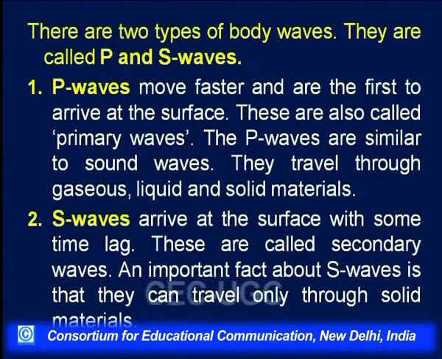Coming to the next point, that is the S waves, which are also called secondary waves. These secondary waves arrive at the surface with some time lag because they are slower than primary waves, and S waves can travel only through solid materials.